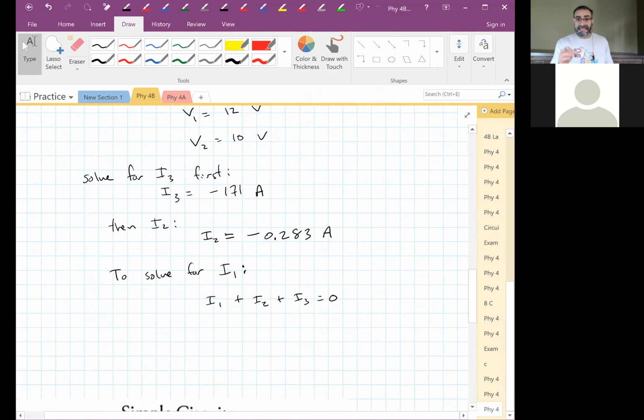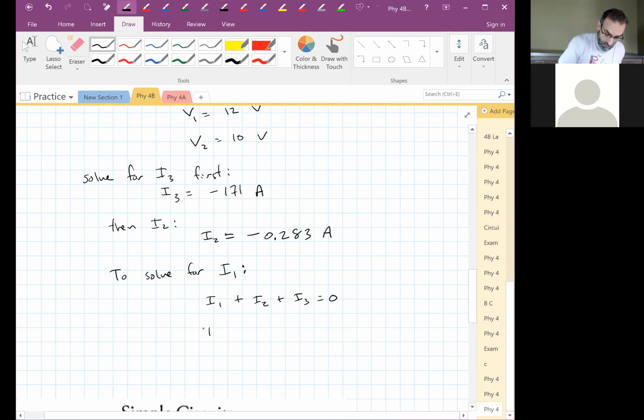But I need to retain the negative sign for I2 and I3 because all of my equations are based on the directions I picked, and I got those directions wrong. So as I go back, I keep those negative signs until I've solved for everything. Once I've solved for everything, I get rid of the negative signs and say the current's really going the opposite direction.